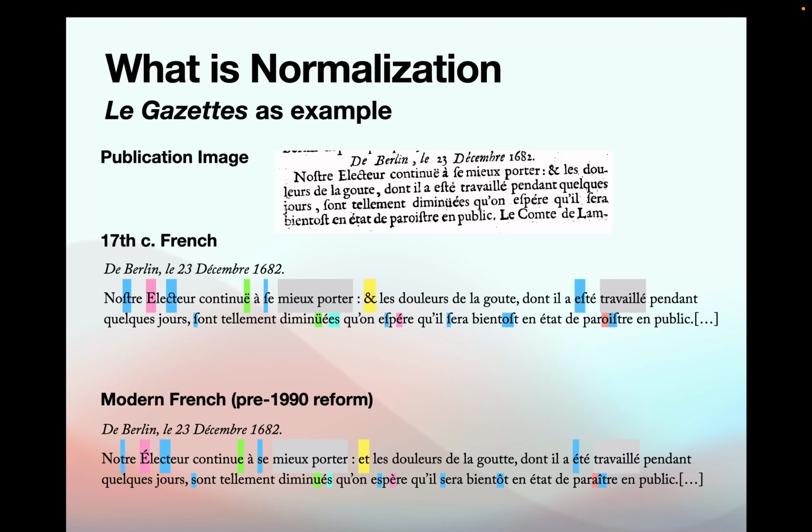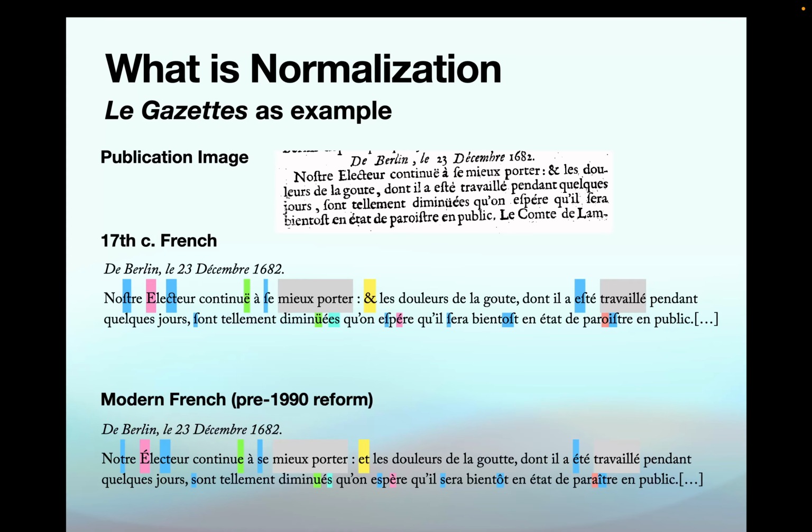The middle section shows the 17th century transcription, which includes archaic glyphs like the long s, shown in blue color, irregular spelling such as bientôt, and also typographic features like the ampersand, shown in yellow, and ligature, also shown in blue color.